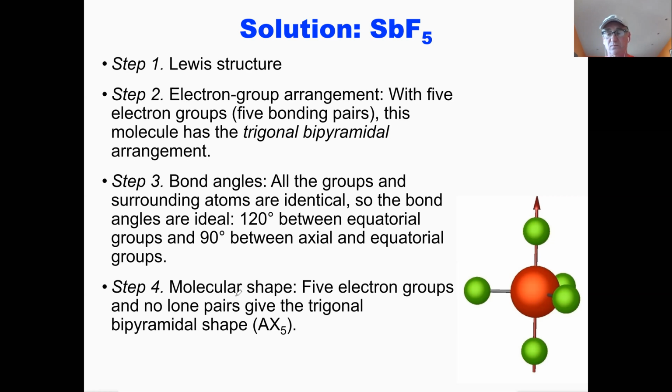What I'm asking is, do linear, trigonal planar, tetrahedral, and trigonal bipyramidal, the ones with no lone pairs, do those elements have anything in common? No, they just have exactly the number of valence electrons that are predicted for this particular shape.